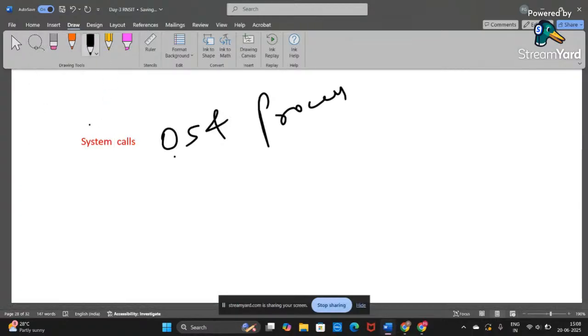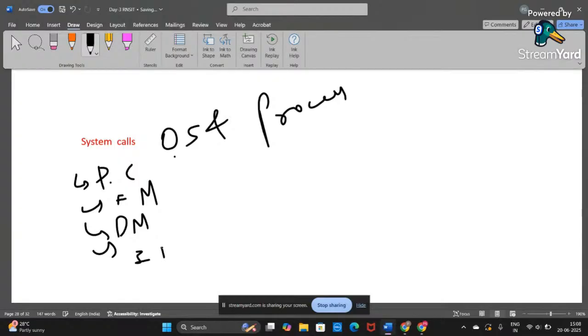Under this, we have five types: process control, file management, device management, information maintenance, and then communication. These all come under the system calls.